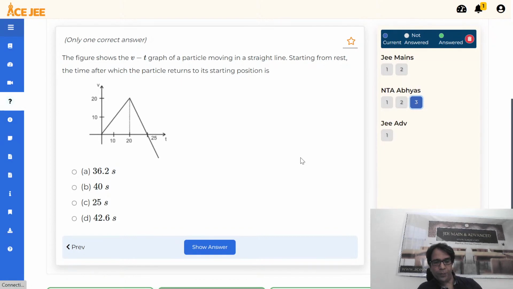Here, just assume that the particle is moving at the same negative acceleration, or acceleration pointed in the minus s direction, from 20 seconds onwards, right? So use that knowledge to find out when the particle will return back to its starting position.